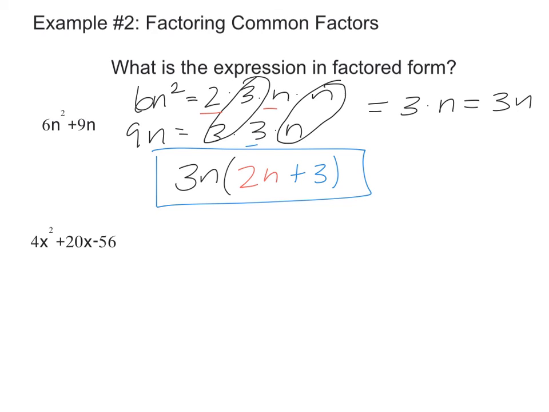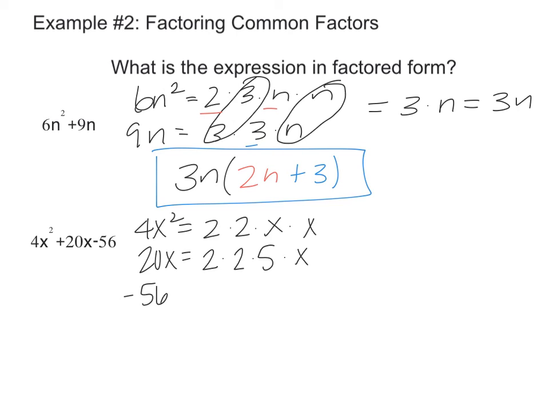Okay, let's look at the next one, 4x squared. If I break down 4x squared, that's really 2 times 2 times x times x. If I break down 20x, that's going to be 2 times 10, right? And 10 is 2 times 5, and I still have an x.